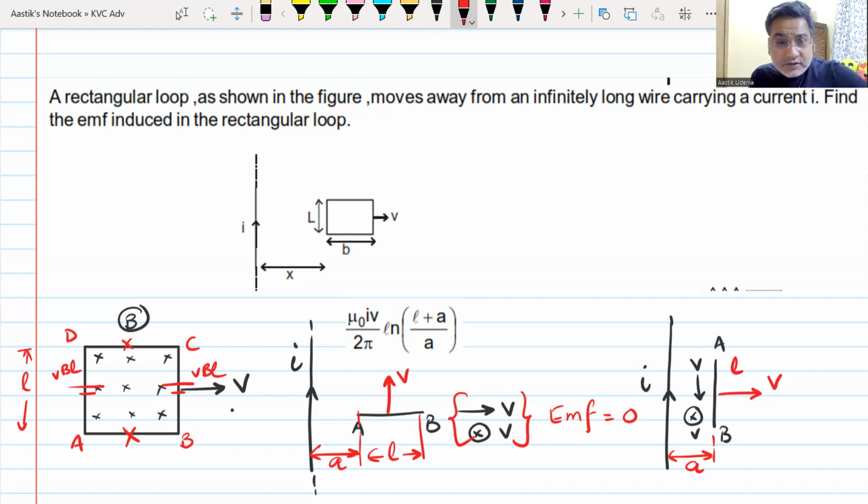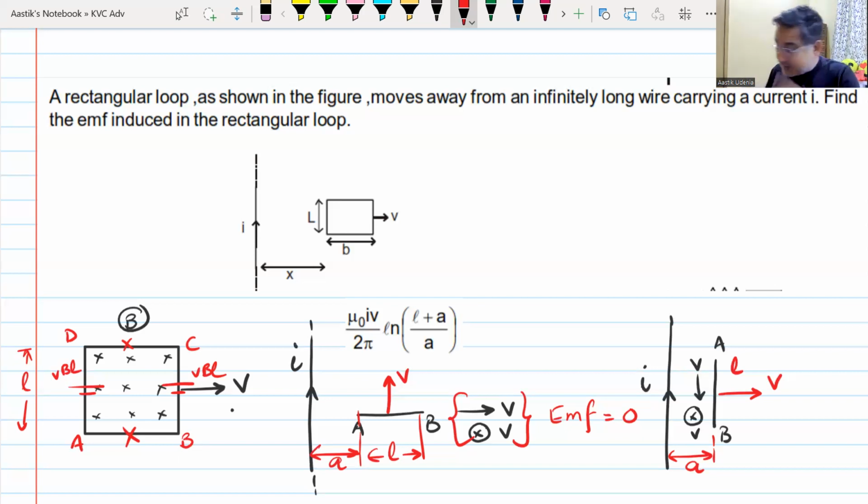Now, even though this wire produces a non-uniform magnetic field, from A to B is the magnetic field uniform or non-uniform? Uniform. So the answer still remains uniform.